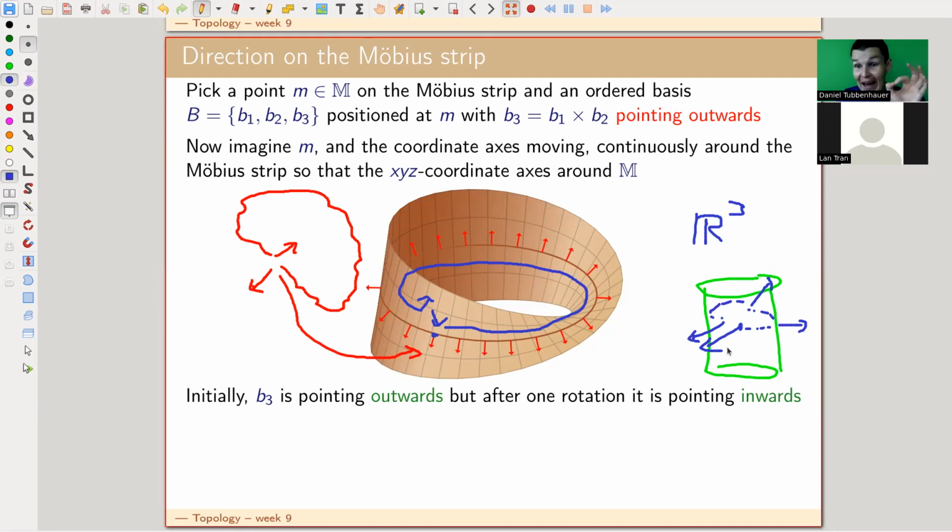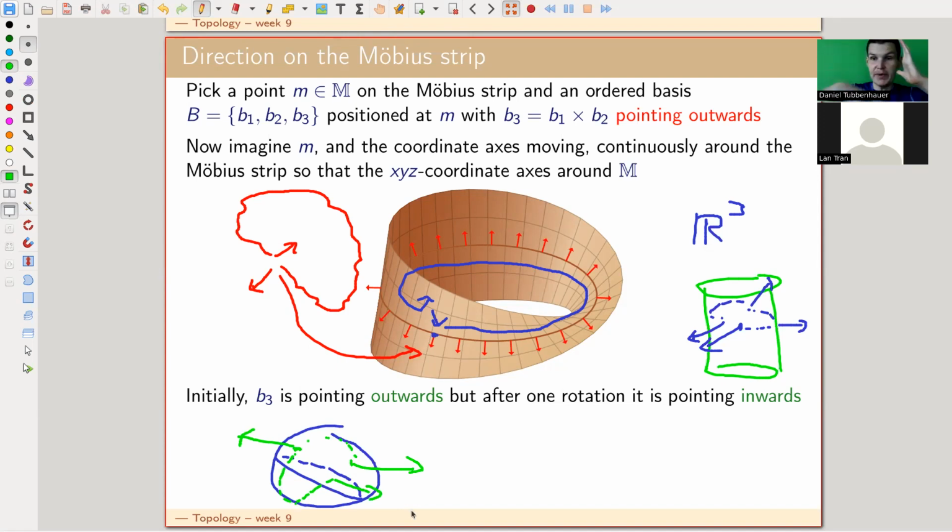And whenever you can do this, I have another example for you. Let's look at the sphere, for example. And we want to choose something that points somewhere. And now we move it around on the sphere continuously, let's say into the back, and then it points here. And we move it all the way to the bottom again, and it points by a miracle in the same direction. And on a sphere, you can always do that.